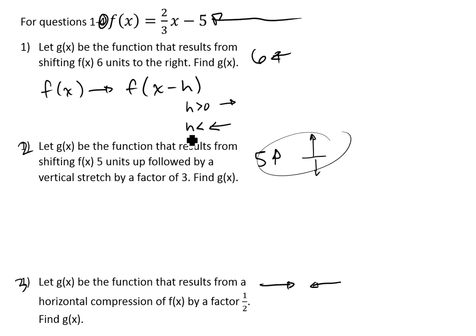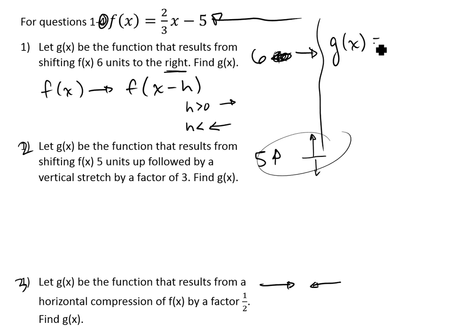On number 1, I asked you to move it 6 units to the right, which is in the positive direction. I don't know why I wrote to the left up here. So it's going to be x minus 6. Let's write the function g of x.